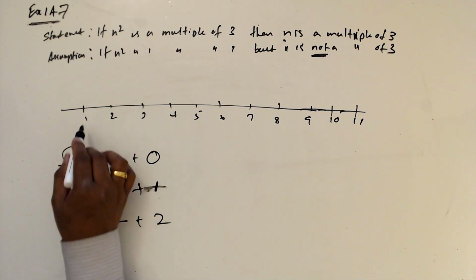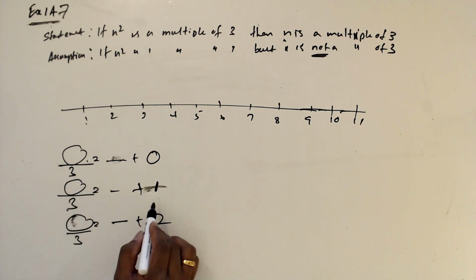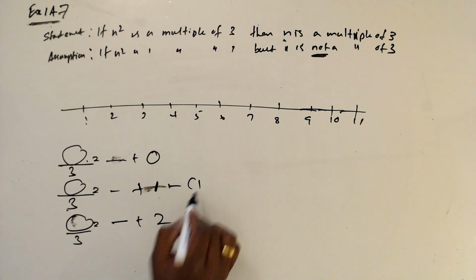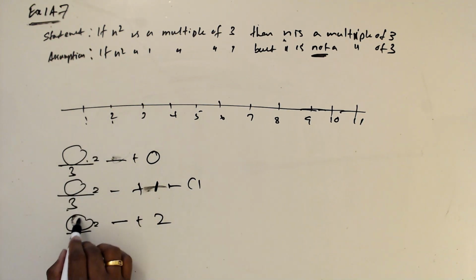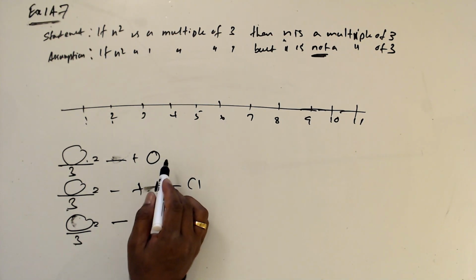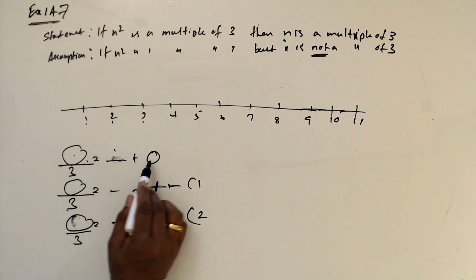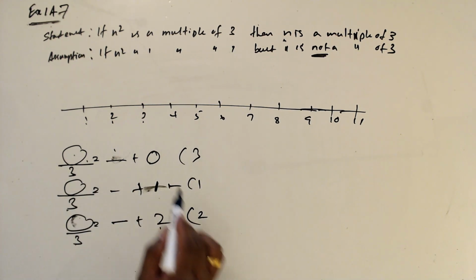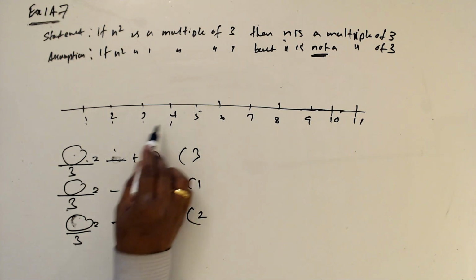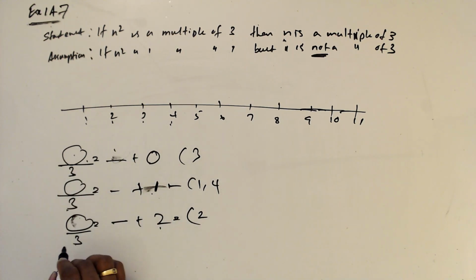If you take 1 divided by 3, we can't divide, so the remainder is 1. 1 is here. 2 divided by 3, we can't divide, so the remainder is 2. And then 3 divided by 3 is 1, and the remainder is 0. 3 is here. 4 divided by 3 is remainder 1, so 4 is here.